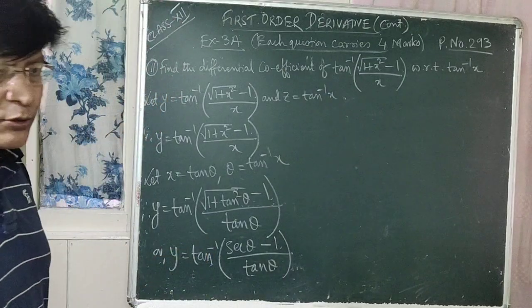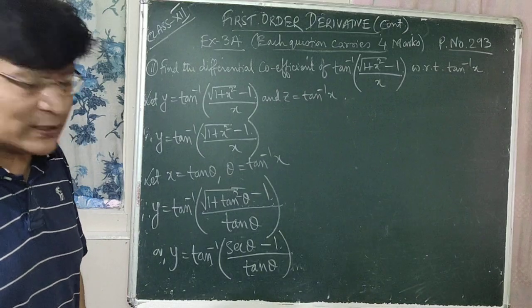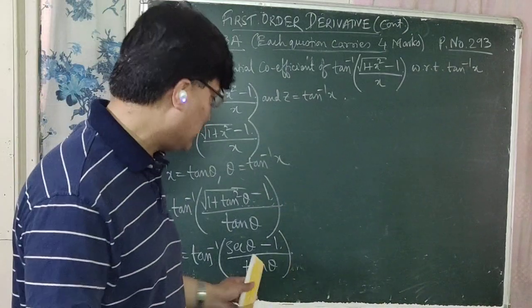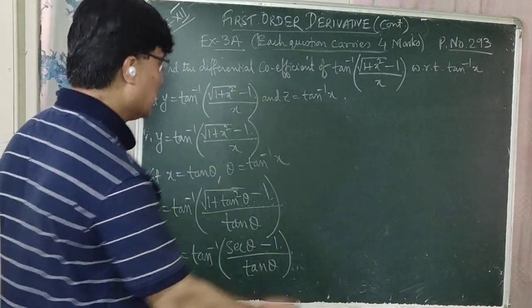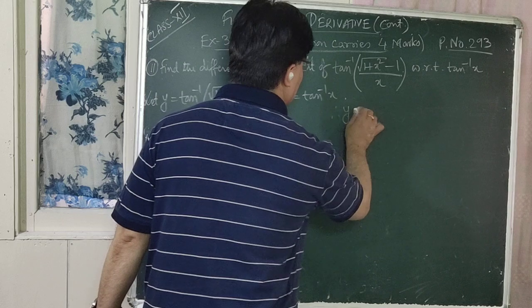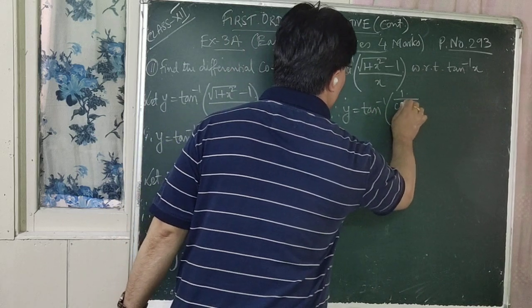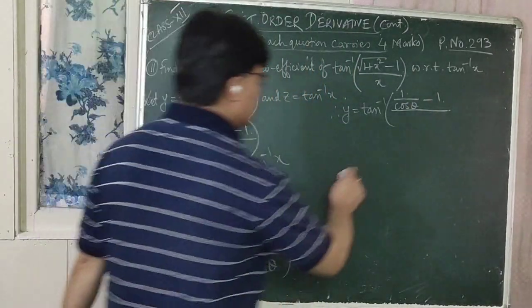But you should convert into sine and cos. Again, within bracket there is a fraction. You can simplify it by writing 1 by cos theta instead of sec theta and sin theta by cos theta instead of tan theta. Okay? So therefore y is equal to tan inverse within bracket 1 upon cos theta minus 1 divided by, what is tan theta here?